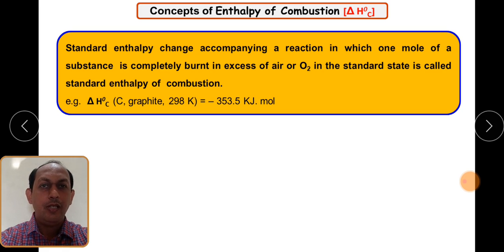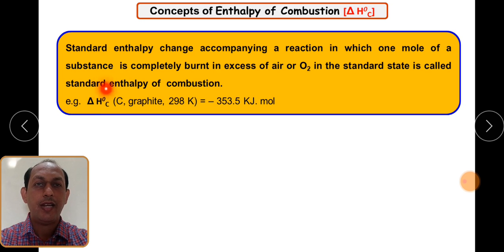If we see the standard enthalpy of combustion when we burn carbon at 298 Kelvin, it is delta Hc. Delta Hc is nothing but the heat of combustion at standard state, also called the standard enthalpy of combustion, and that is minus 353.5 kilojoule per mole. So this is the value.